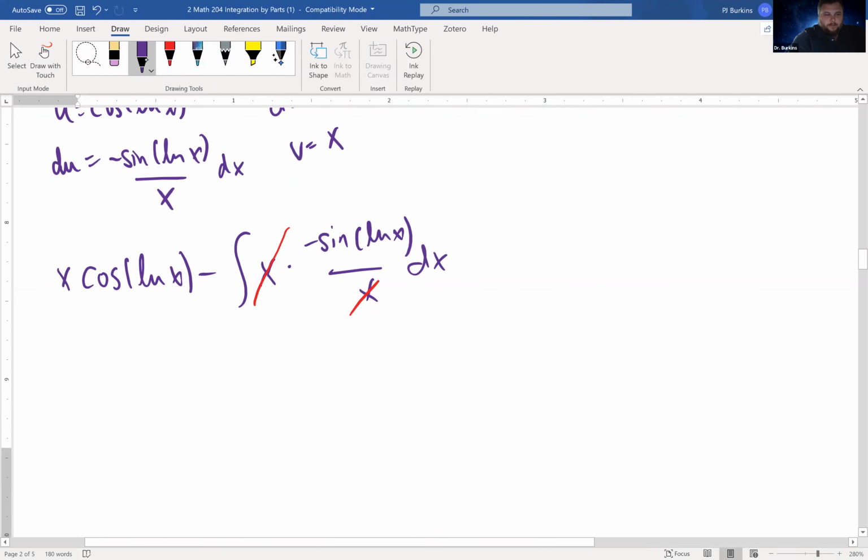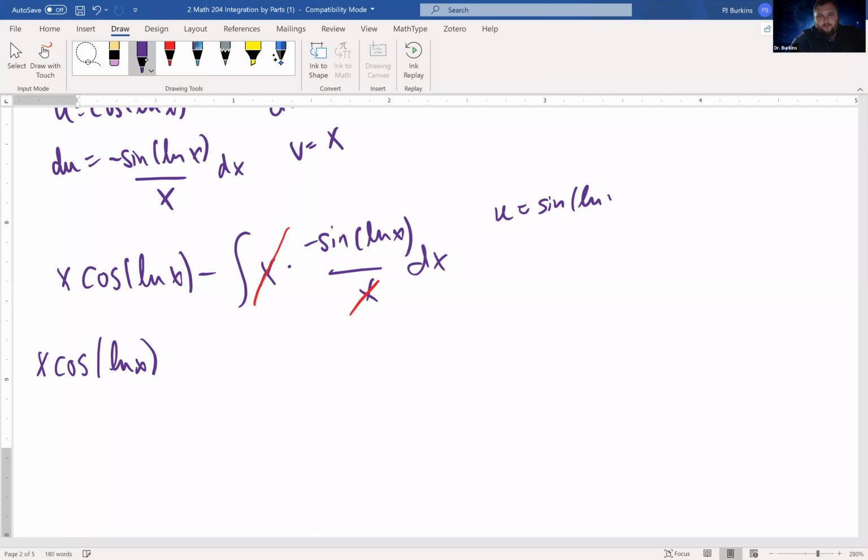So then you leave this first guy alone. And you'd have technically plus the integral of sine log x dx. You have to do it again. So let u equal sine log.